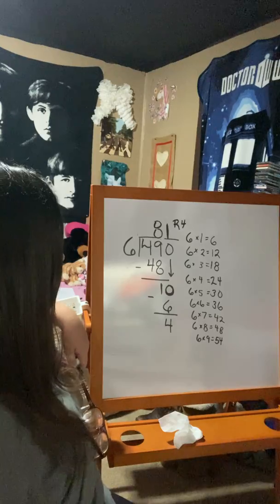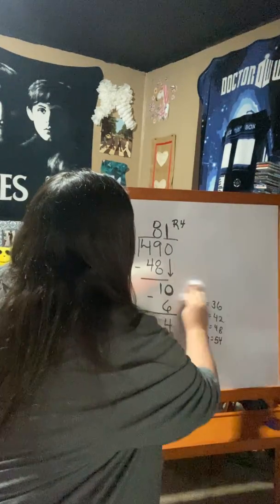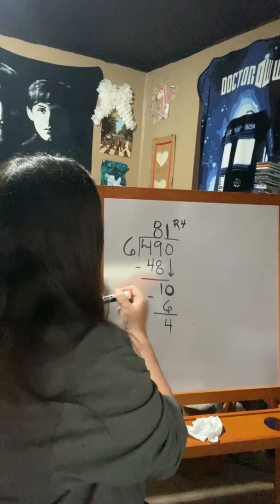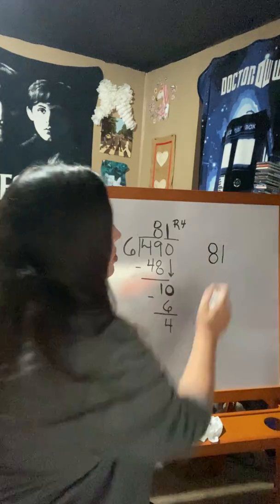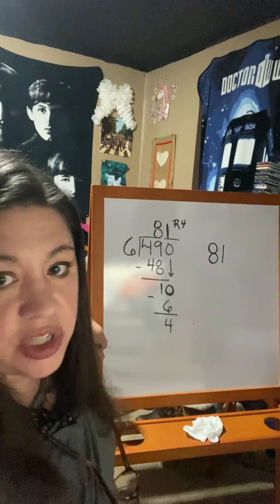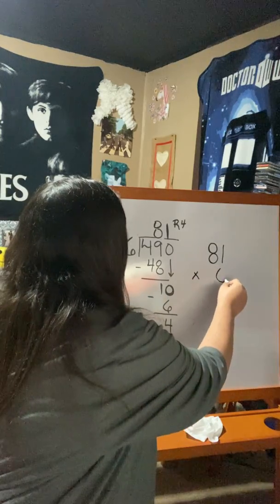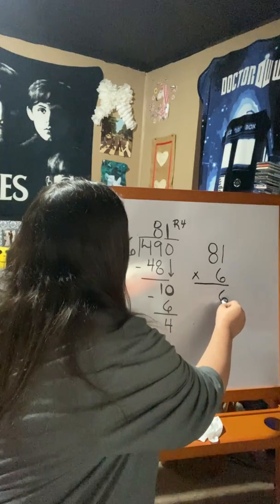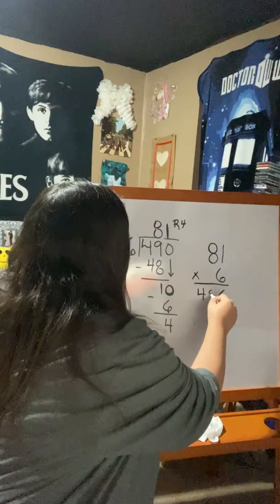We can always check our answers. Let's do 81 times 6. We use multiplication to check our answers in division. 1 times 6 is 6. 8 times 6 is 48.